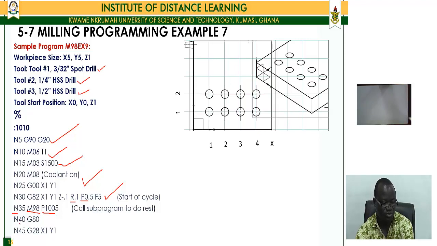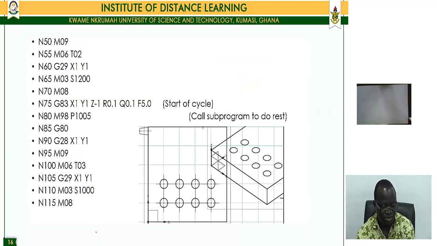So it will return to where it started, or where it moved from. So it will move to the next command, which is a G80, which says it should cancel all canned cycles, then G28 will return to the reference position X1 Y1. Then it will turn the coolant off.